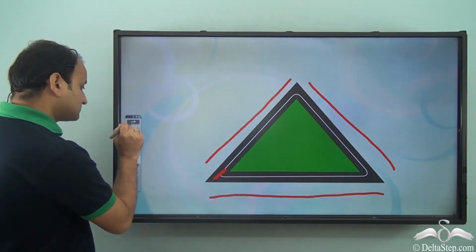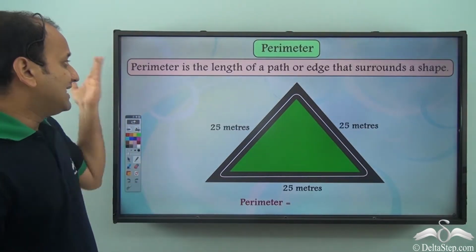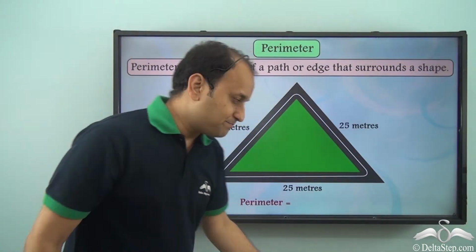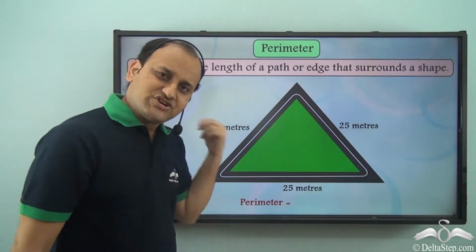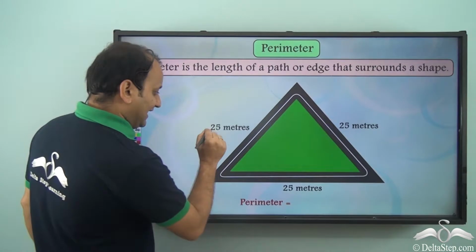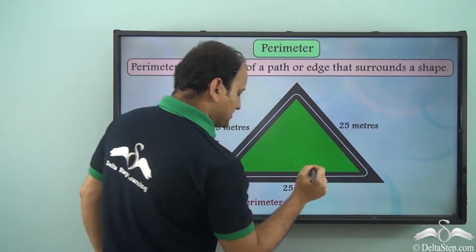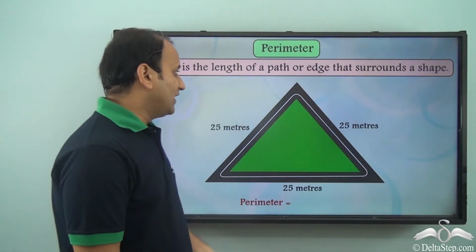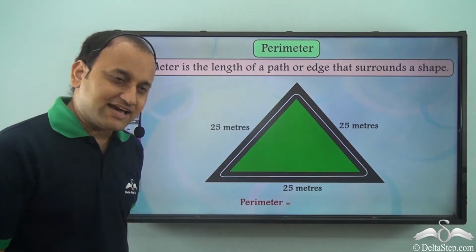Now we know that perimeter is the length of a path or edge that surrounds a shape. In this case it's a triangle, and in this triangle each side is 25 meters long. So what will be the perimeter? Well, it will be the sum of all the sides.